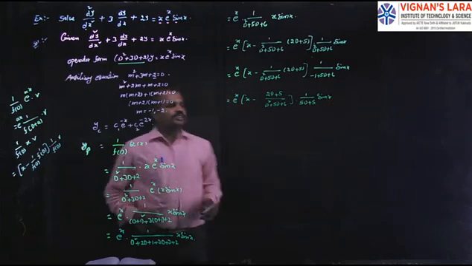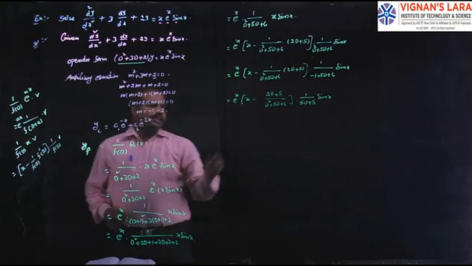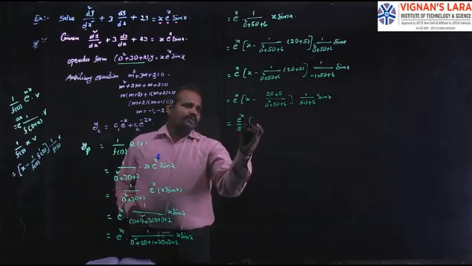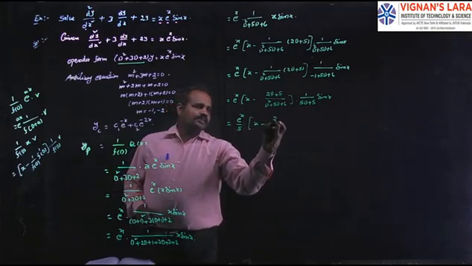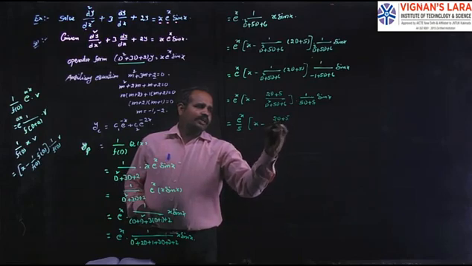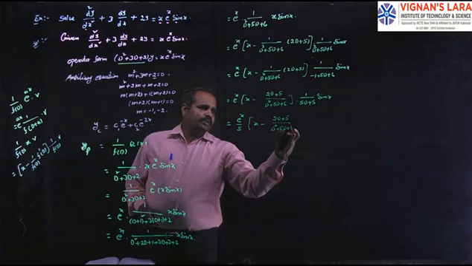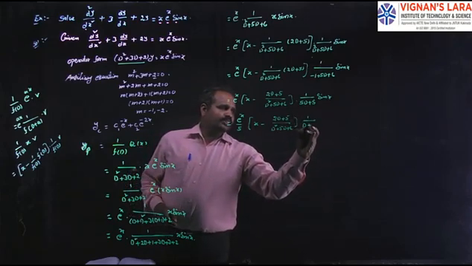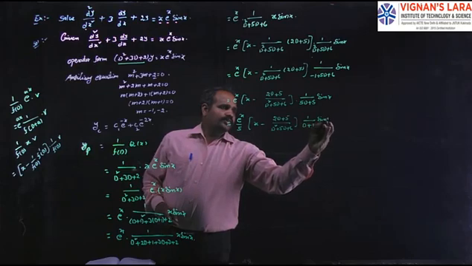What is common in these two? 5 is common. Take out that one common. e power x by 5 into x minus 2d plus 5 by d square plus 5d plus 6 into 1 by d plus 1 into sin x.